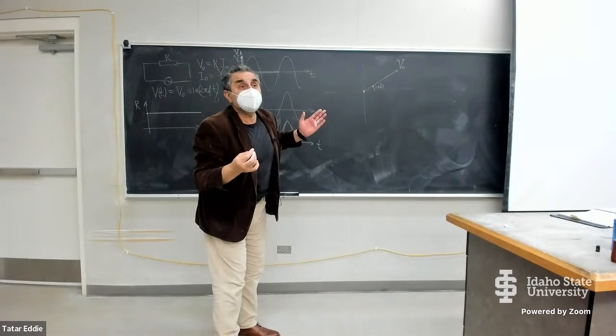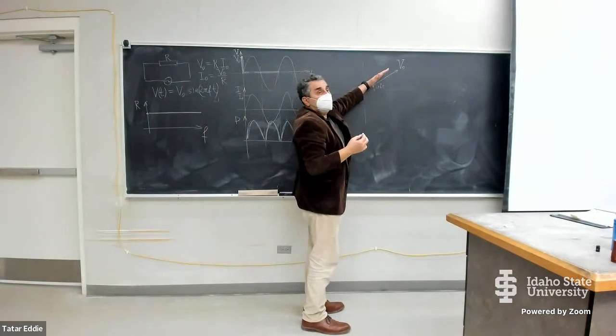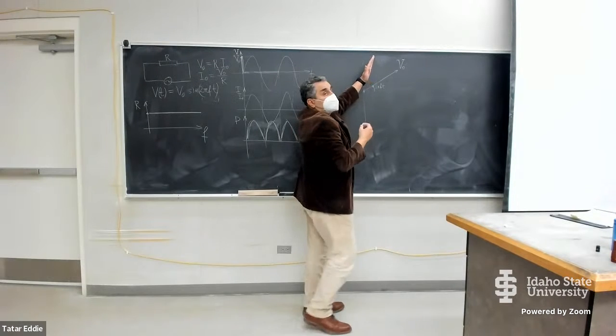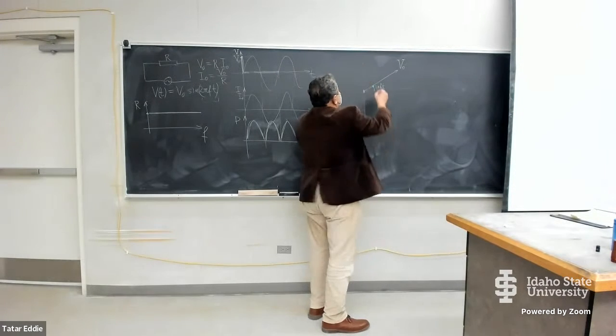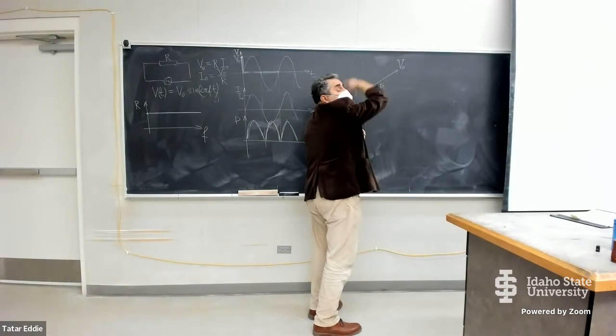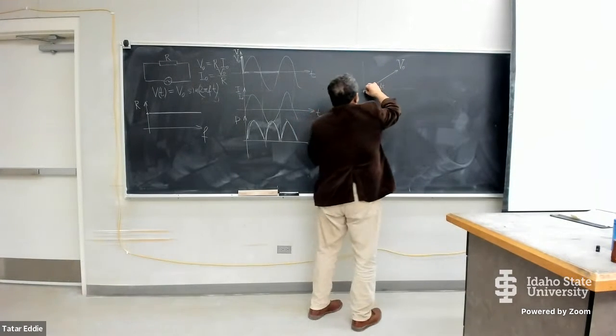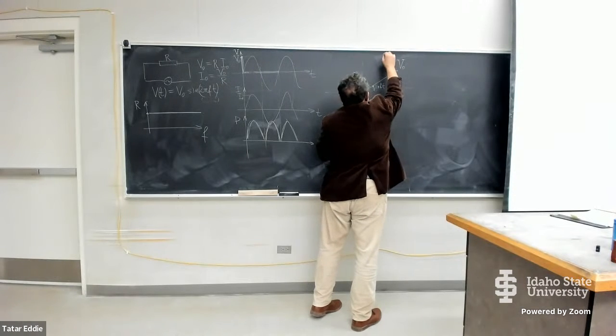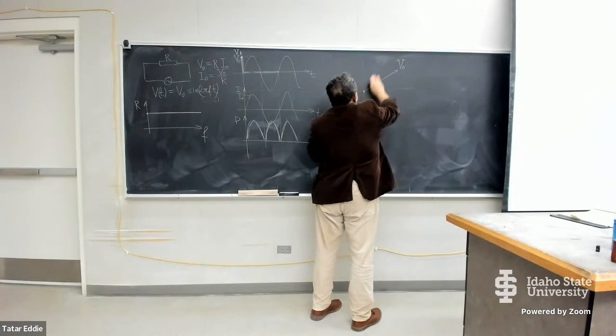At the next moment of time, this phasor is going to rotate. As the time increases, it is going to circle like this with frequency f. At the next moment of time, it is going to be here and so on.